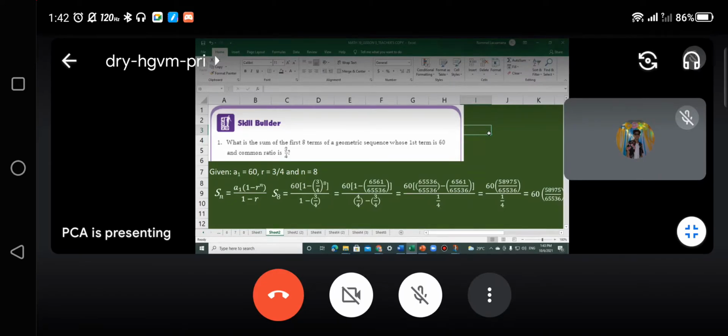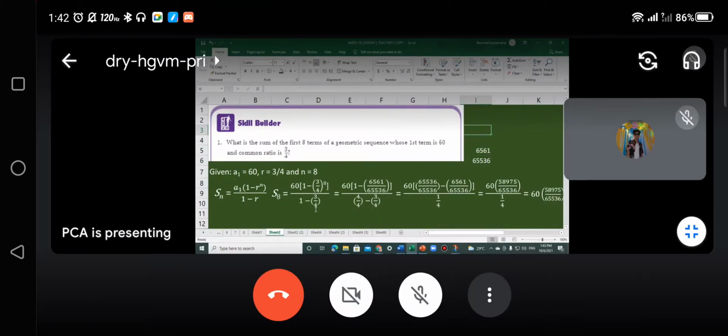Kung may Excel kayo, pwede yung gamitin. 3 raised to 8, 6561, and then 4 raised to 8. So really, it's 65536. Okay, calculator, you know how to operate, go.